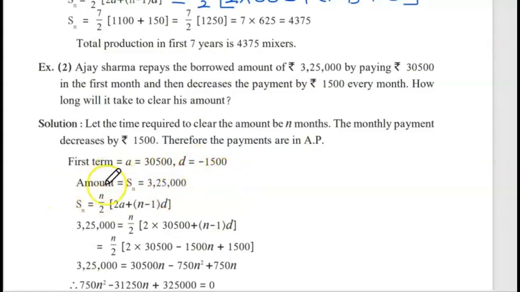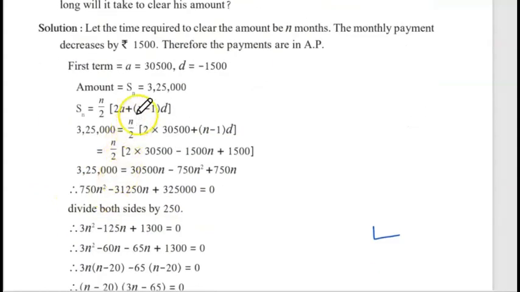Amount Sn is equal to 3,25,000. Sn is equal to n upon 2 in bracket 2a plus n minus 1 into d. Substitute the value of Sn, meaning our total borrowed amount, n upon 2, 2 into 30,500, n minus 1 into d.